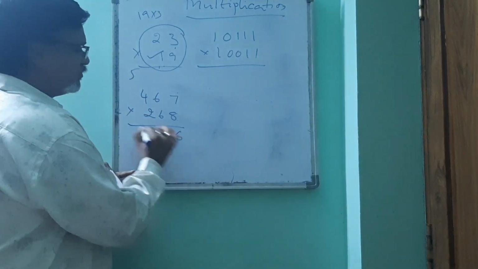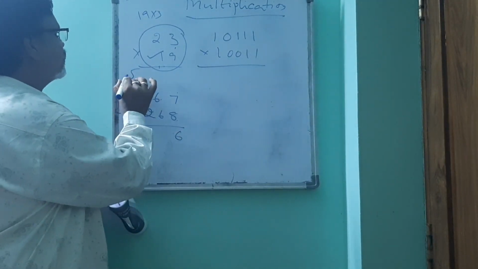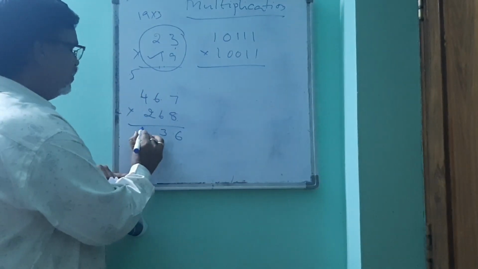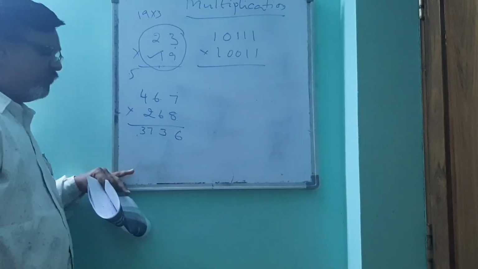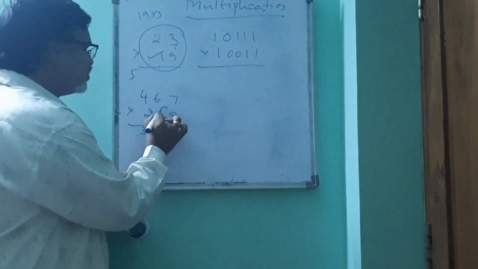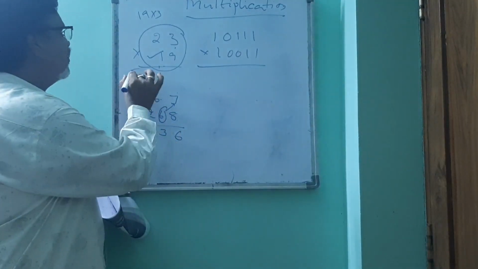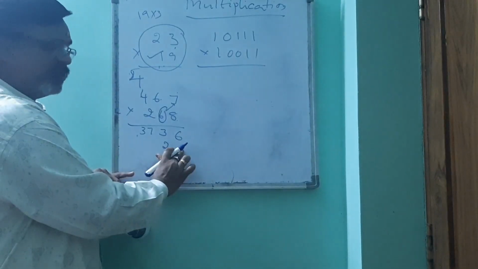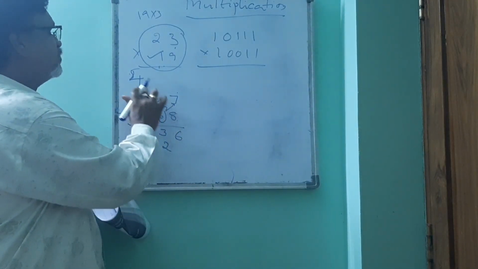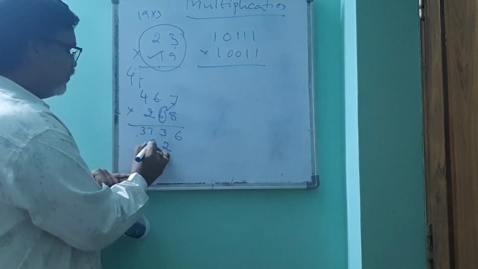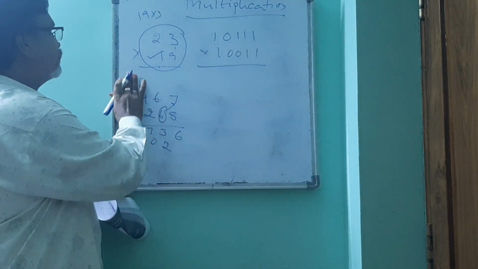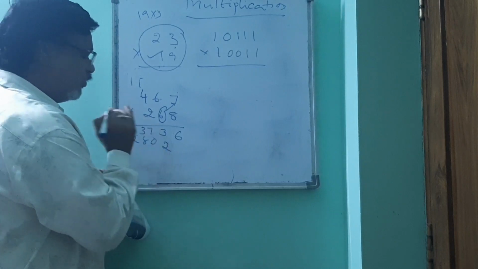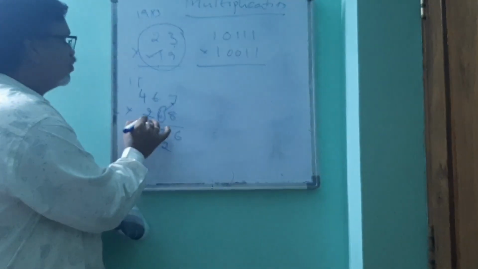Simply 8 into 7, 56, 8 into 6, 48 plus 5, 53, 8 into 4, 32 plus 5, 37, like this you will multiply. Then with this digit, 6 into 7, 42, you will write after leaving one position. 6 into 6, 36 plus 4, 40, 6 into 4, 24 plus 4, 28, you will write.